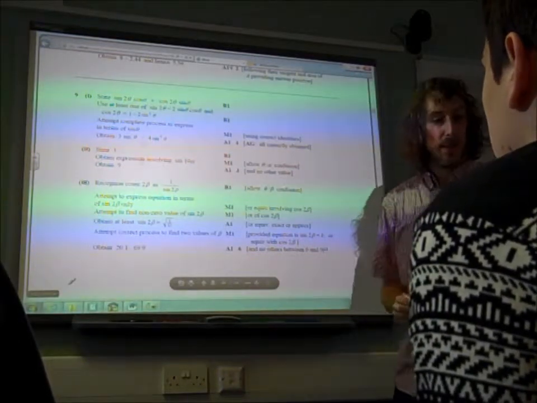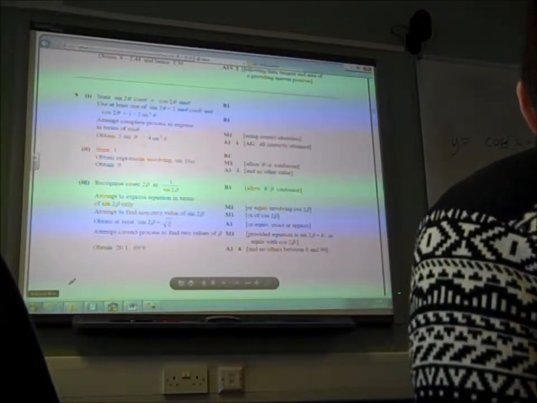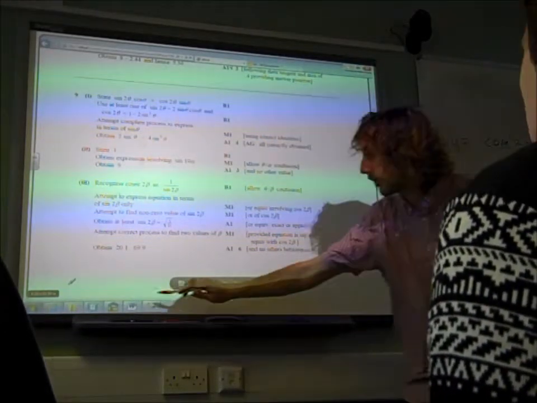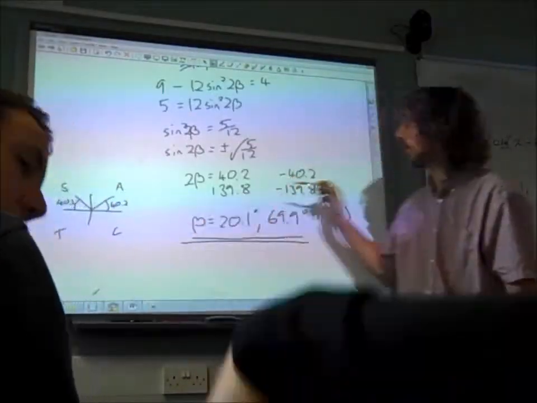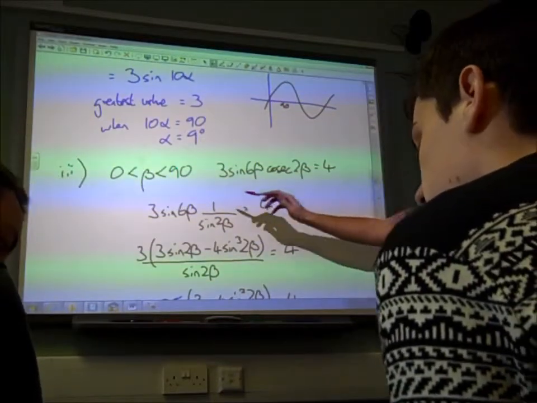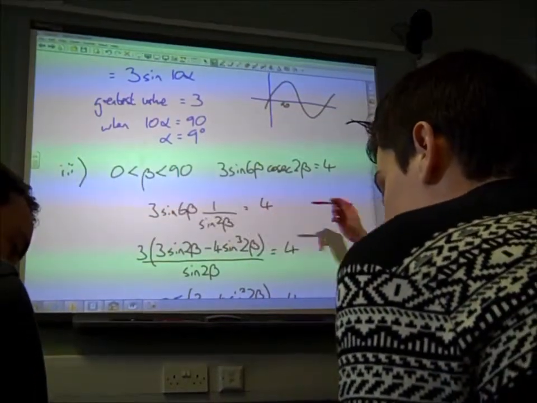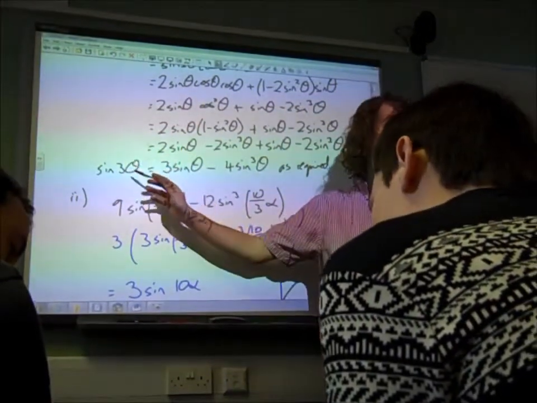Right. I still don't really quite get how you talk about it now. All that was happening there was I spotted that sine 6 beta, well, the first part of the question told us what sine 3 theta was.